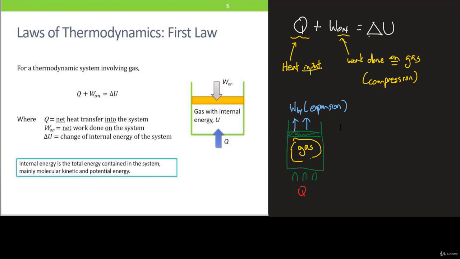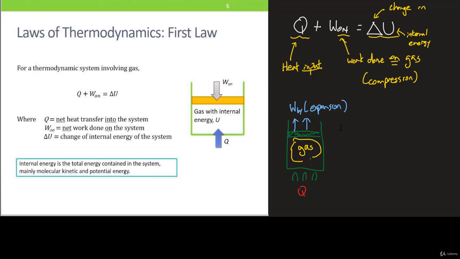And finally, what is change in U? In physics, we always use this symbol, triangle, to represent delta, or change in. So delta U means change in U, and U represents internal energy.